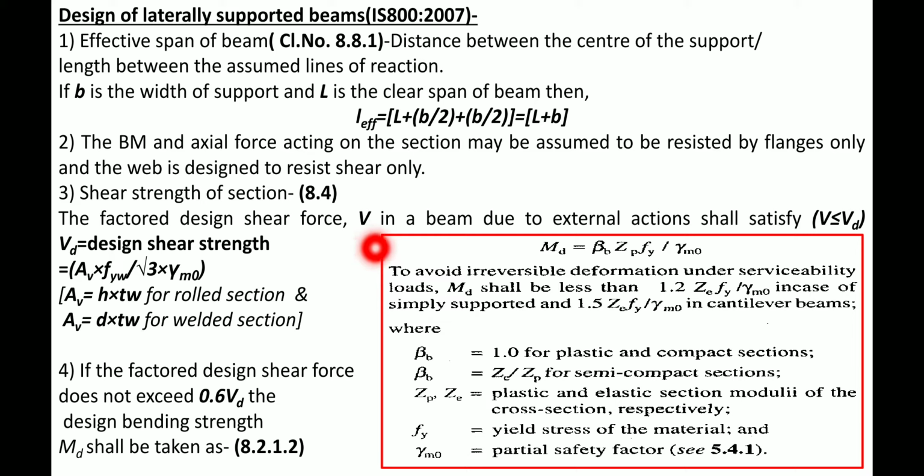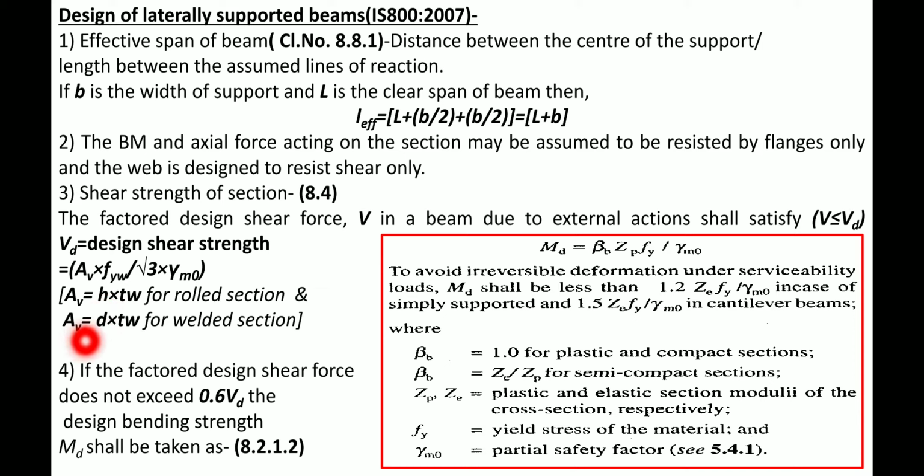designated by V in a beam due to the external action shall satisfy V less than or equal to Vd. Vd is called the design shear strength, which is equal to the shear area, designated by Av, into Fyw, whole divided by root 3 into gamma m0, where Av is equal to H into Tw, where H is the depth of the I section for rolled sections, into the thickness of the web.